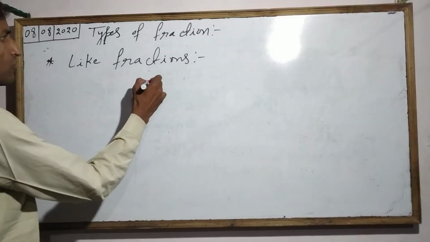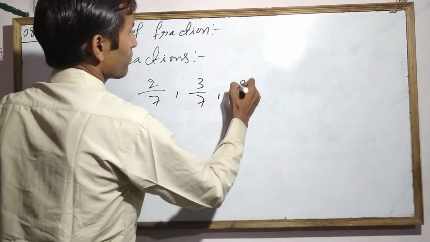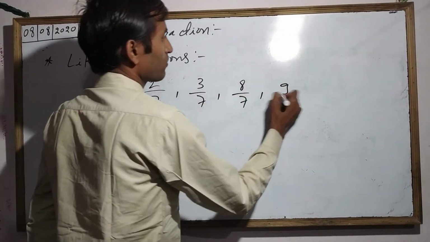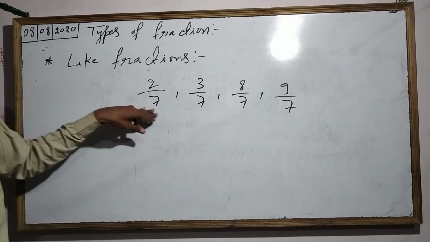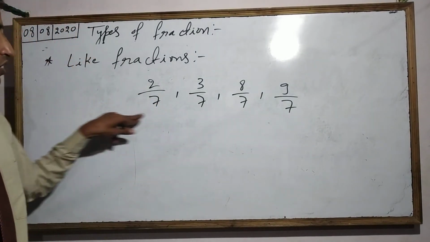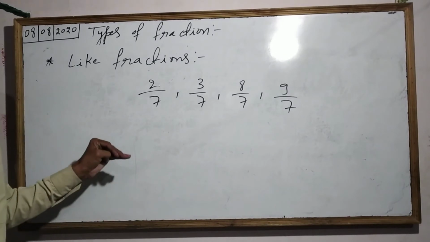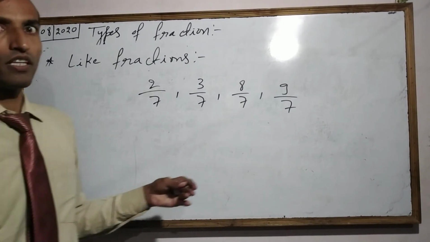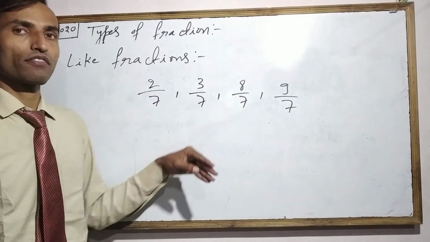Means like this: 2 upon 7, 3 upon 7, 8 upon 7, 9 upon 7. So these are fractions which have the same denominator. So these fractions are all called like fractions. Okay, if the denominator is the same in whatever fractions are given, then these are all called like fractions.